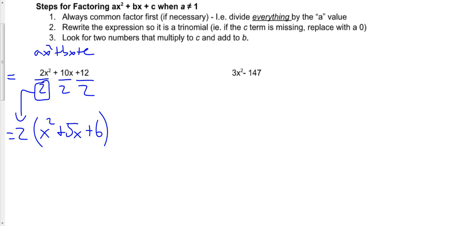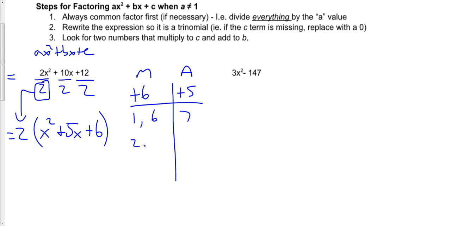So in order to factor that trinomial, I need to use my MA chart. I need 2 numbers that are going to multiply to positive 6, and they're going to add to positive 5. If I look for numbers that multiply to 6, 1 and 6 multiply to 6, but they add to 7. 2 and 3 multiply to 6, and they add to positive 5. So I know that this has to be my connection here.